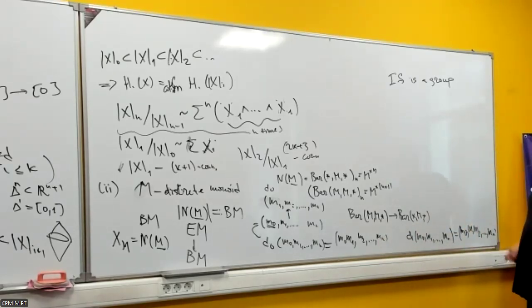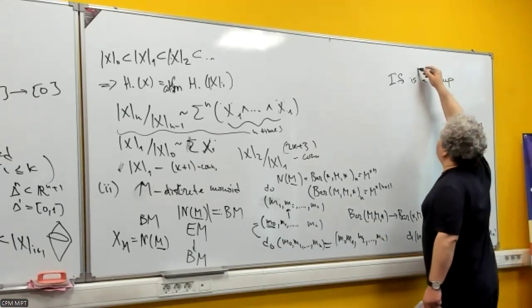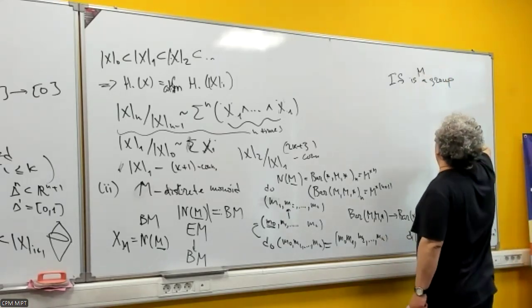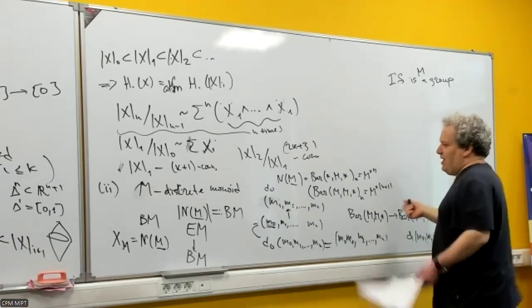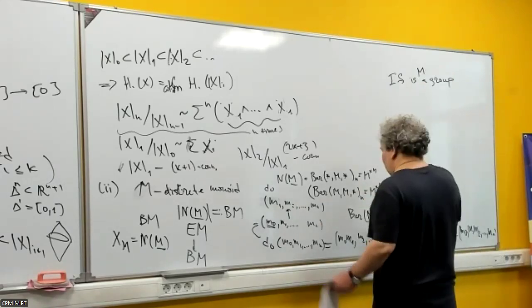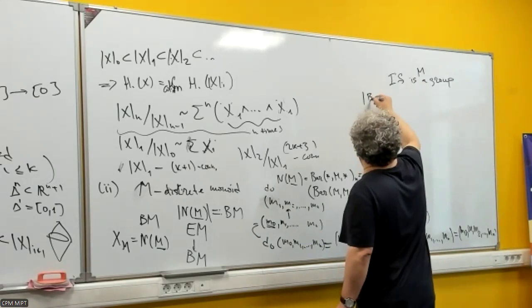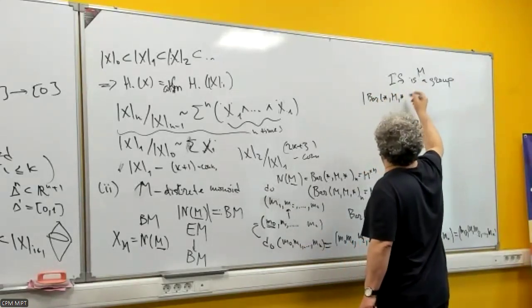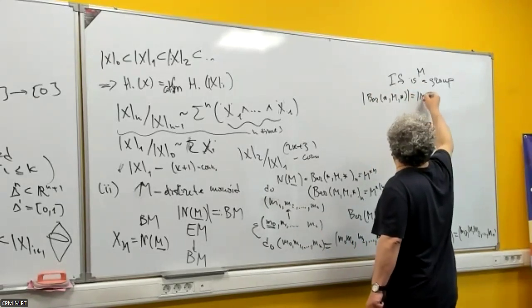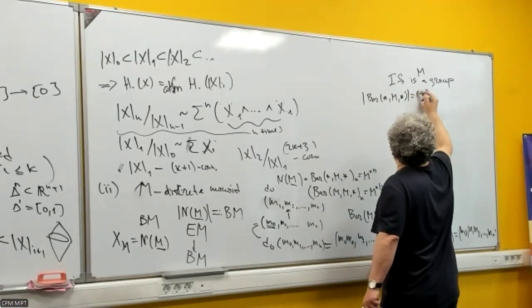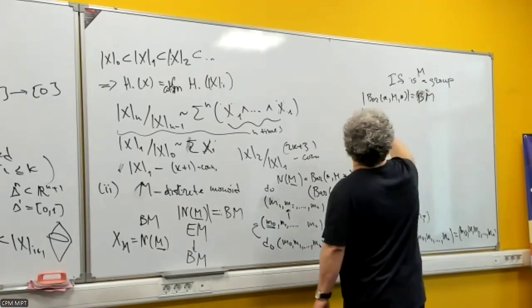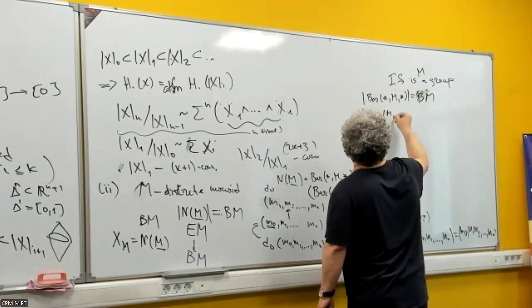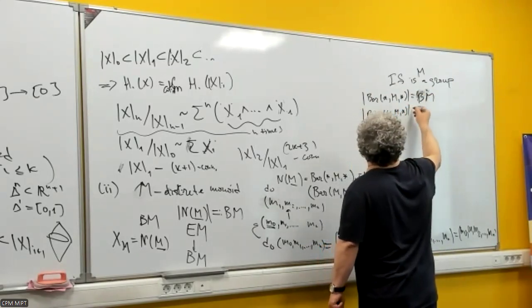Okay, so if M is a group, then the map of realizations, let me call the realization of bar M just BM, and the realization of bar M pointed is called EM.